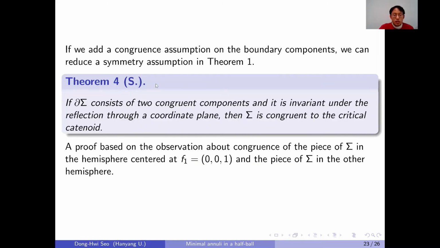So the last theorem says that if the boundary consists of two congruent components and it is invariant under the reflection through one coordinate plane, then the surface should be congruent to the critical catenoid.